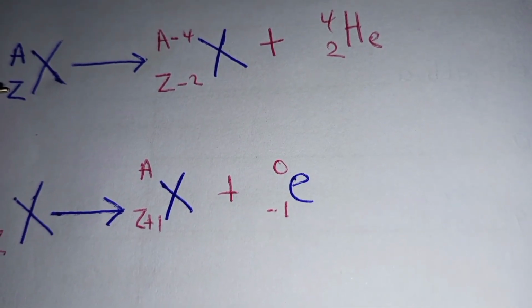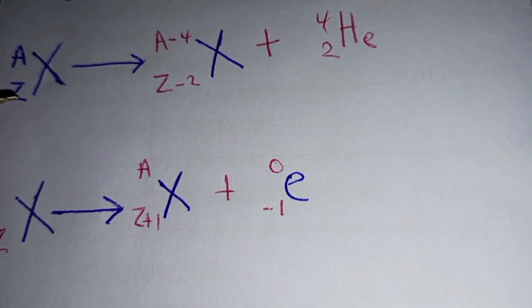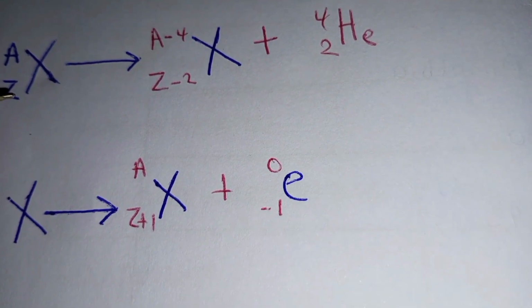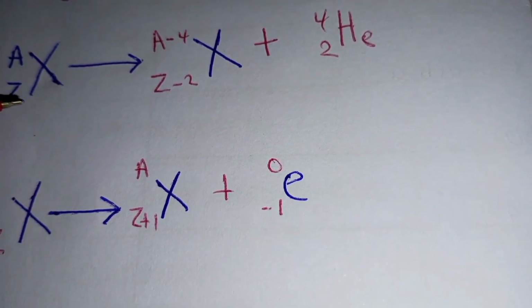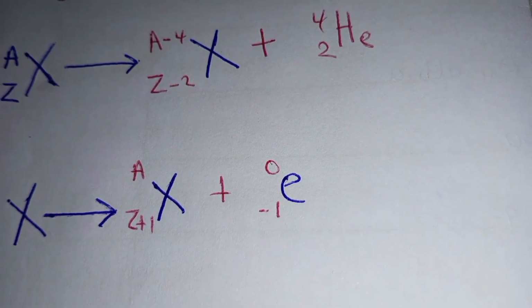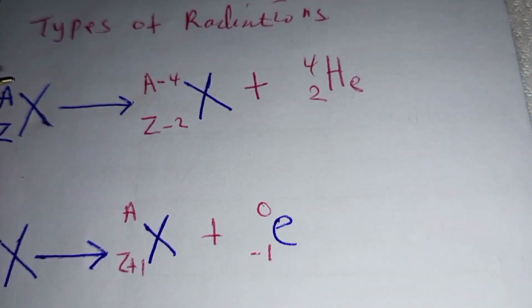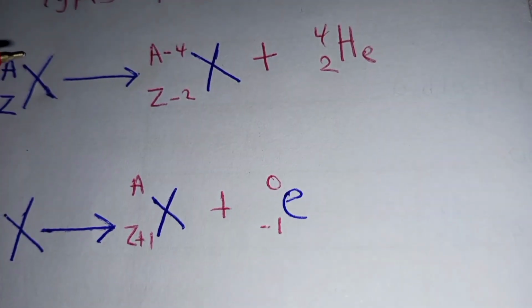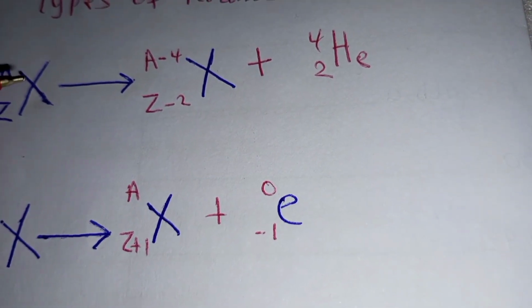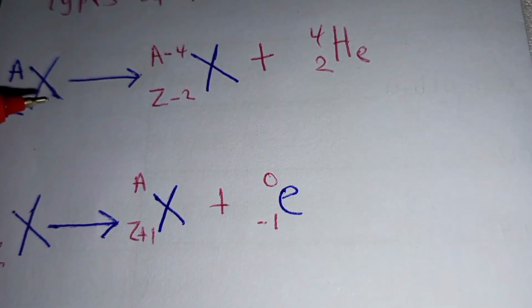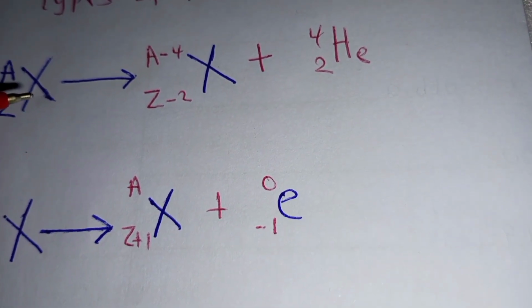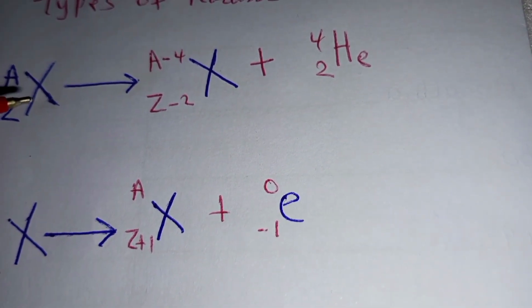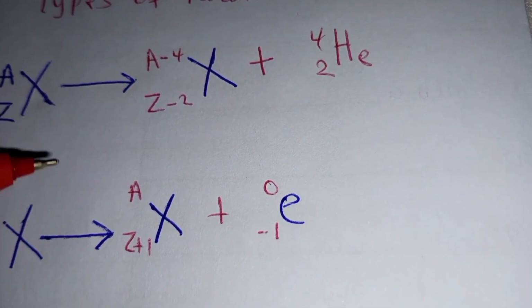And the atomic number is the number of protons within the nuclei. Now, when an unstable nuclide decays, it can release three possible particles. It can release all of them at the same time or each of the following particles.